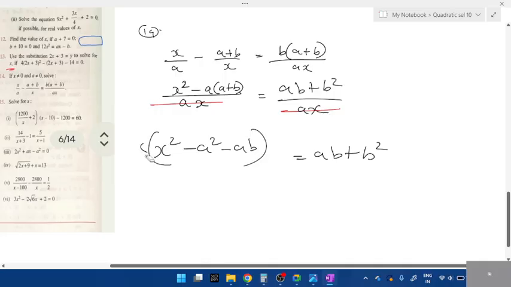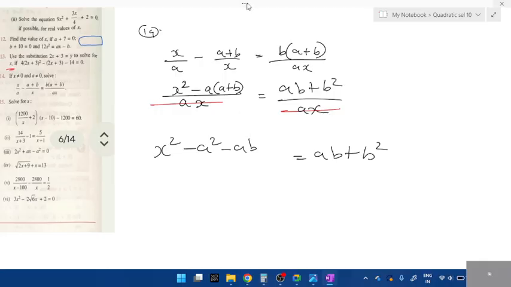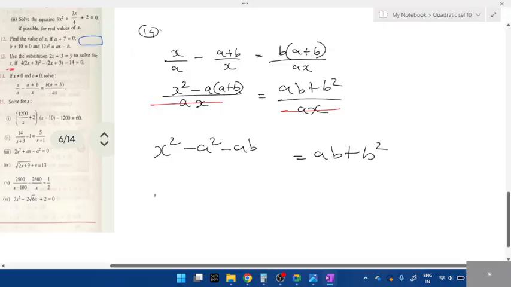I'll just erase all this. Now shift everything towards one side. X square minus A square minus AB minus AB. You get minus.